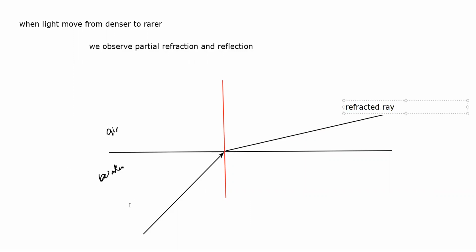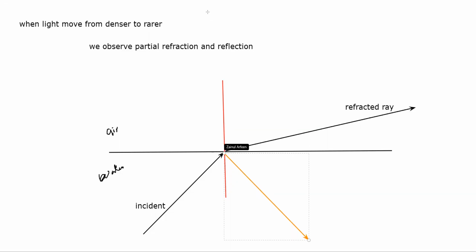And the light which strikes the surface is called incident. And what happened? A small amount of light, not too much, but a very small amount of light bounces back, or is reflected in the same medium.